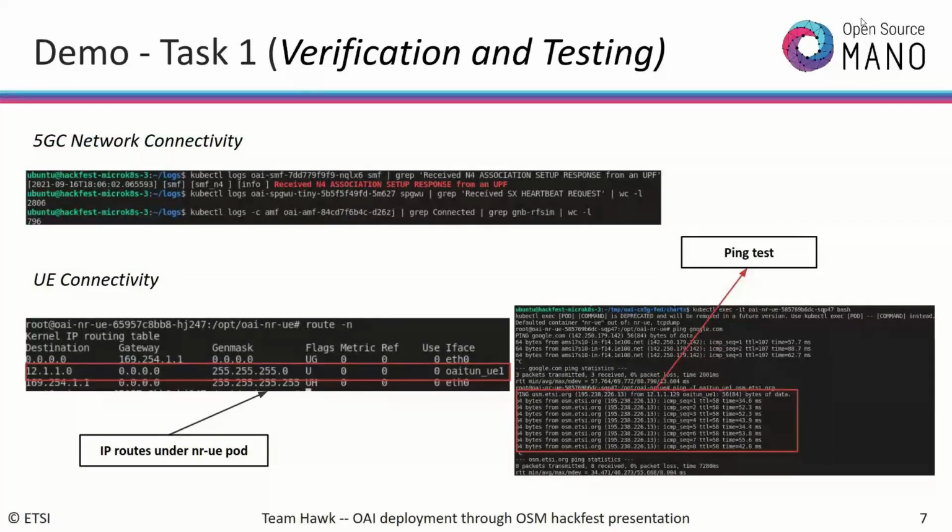We were also able to ping through the OAI infrastructure, as well as through the other interface on the UE. These are also depicted by the snapshot on the right. Moreover, we were... Akshay, can you move to the next slide?